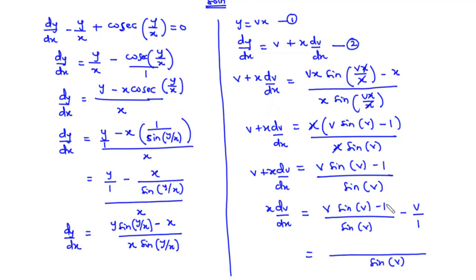So 1 times the whole of this, that's going to be v sine v minus 1 minus sine v divided by 1 is sine v, times v, that becomes v sine v, equals x dv dx. So at this point, we have v sine v, we have negative v sine v. So this cancels out this. So we are left with negative 1 over sine v.